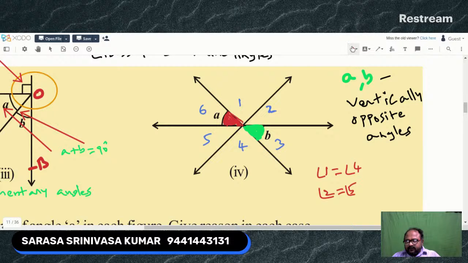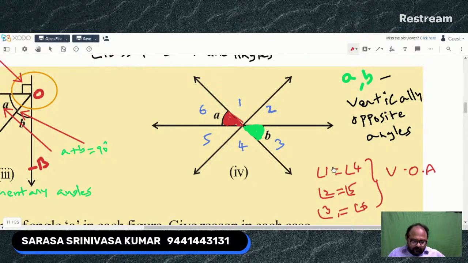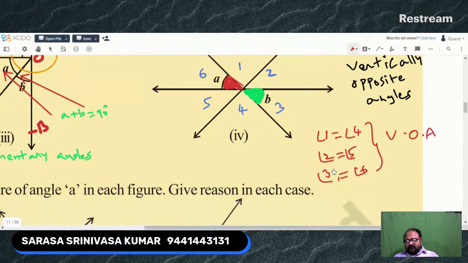And angle 3 and angle 6. I simply write VOA for vertically opposite angles. In the previous class, you have learned that the vertically opposite angles are equal. Hence, I have written the vertically opposite angles and they are equal.